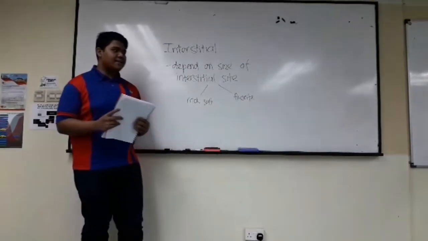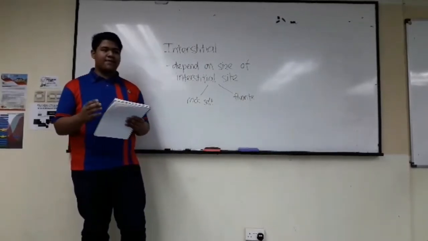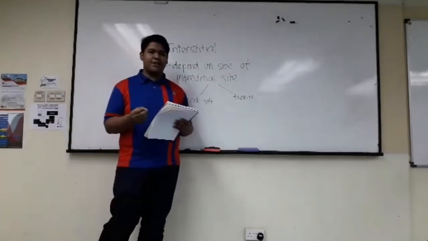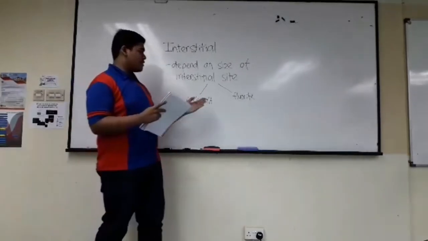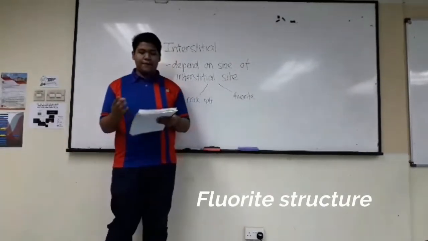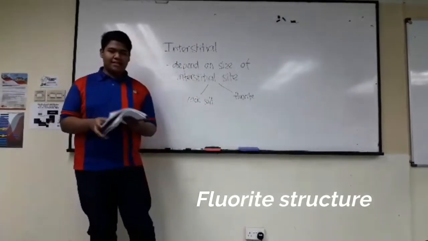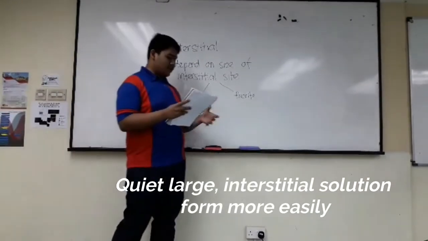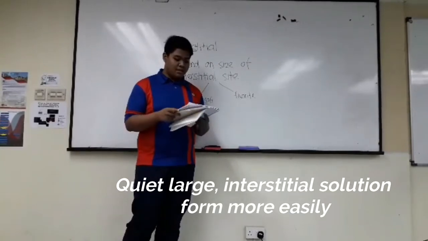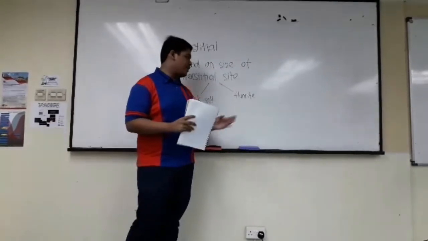It is quite difficult for a small atom to penetrate into the vacancy. Next is fluoride. Fluoride has quite a large interstitial site, so interstitial solution forms easily for this structure.